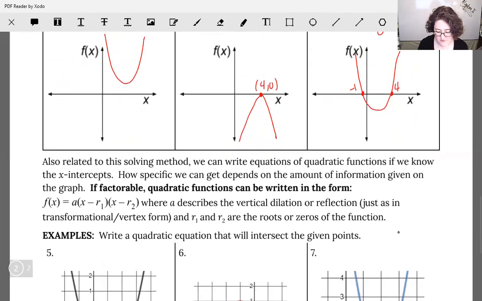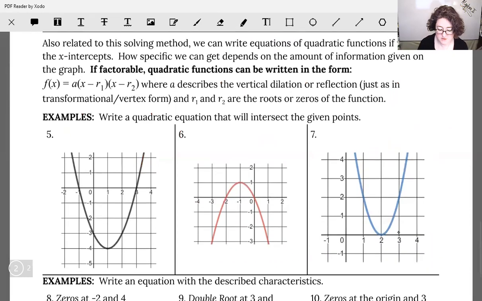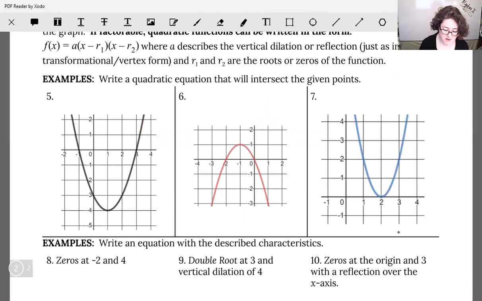So keep in mind, if you have a factorable expression, then all you need to do to write the equation is plug in your x minus whatever your answer was. So do the same thing with a graph. So in number 5, we have x-intercepts at -1 and +3. So a quadratic function that would look very similar to this, maybe not exactly, would be x plus 1, because it's always minus that value that you have inside your parentheses, and x minus 3.